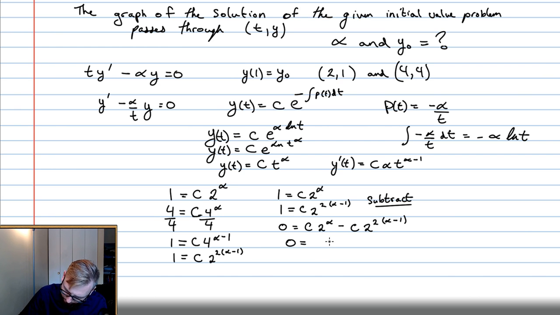All right, okay. Alpha minus 2 alpha plus 2 equals to 0. We've got minus alpha plus 2 equals to 0.